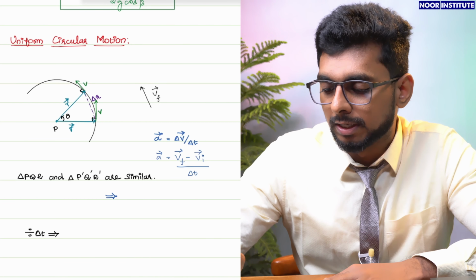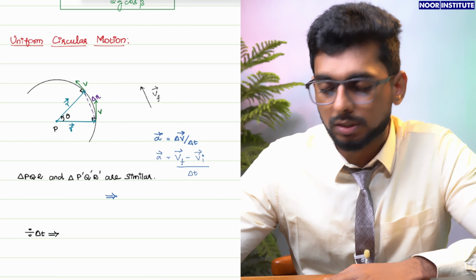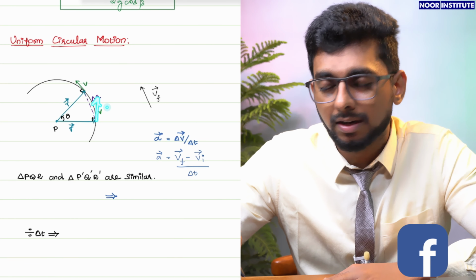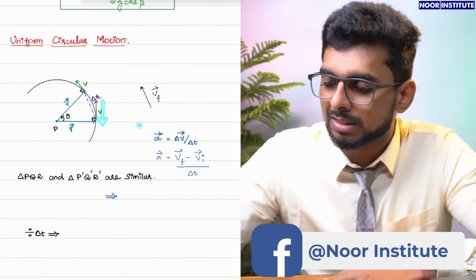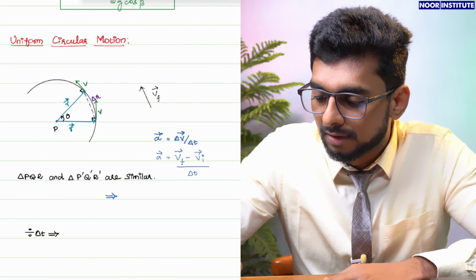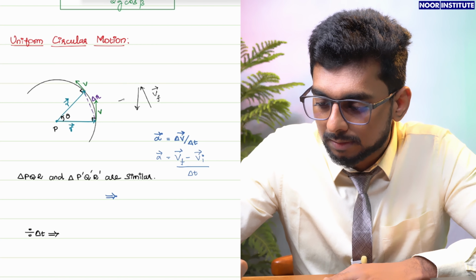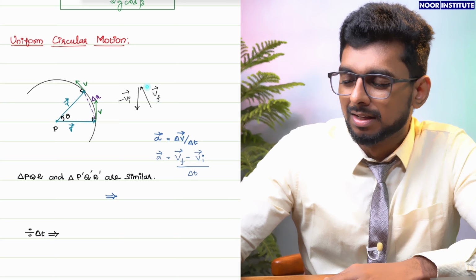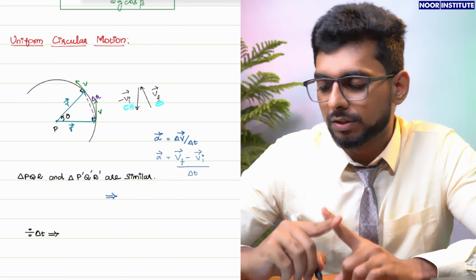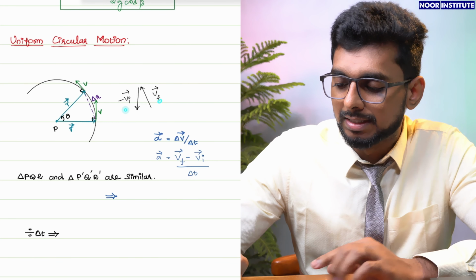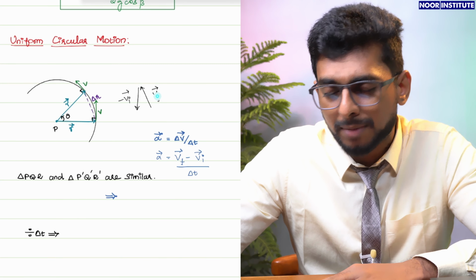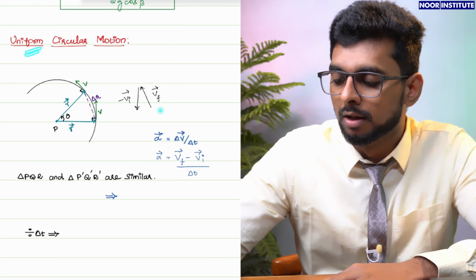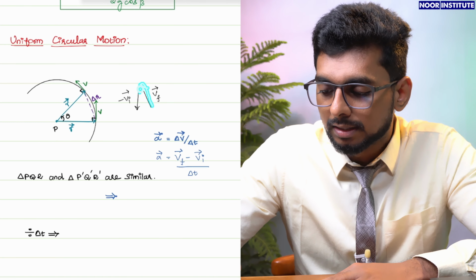Then the negative of the initial velocity, minus vi, will be flipped, so it will actually be directed downwards. I've mentioned vf and vi just to make sure you know which is final and which is initial, but we know that the magnitudes of those velocities are the same, because this is uniform circular motion.